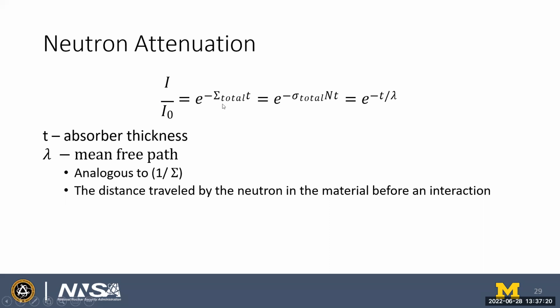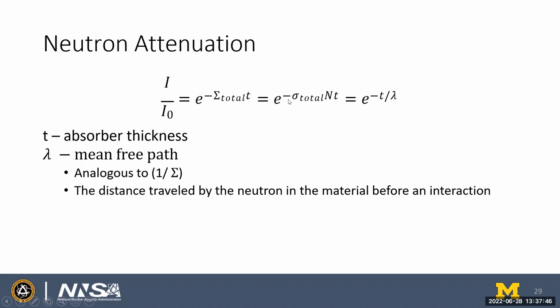This is directly related to the cross section as e to the negative total cross section times the thickness. You can apply different reaction types as well if you don't want to look at the total reaction. Then we can change the macroscopic cross section to the microscopic by including the number density, or N.